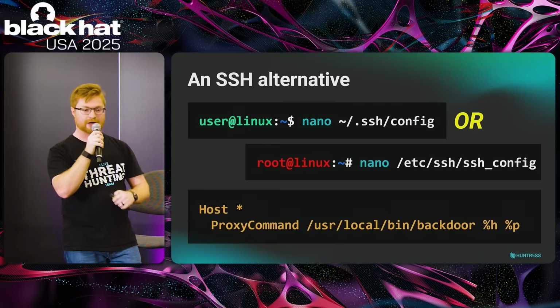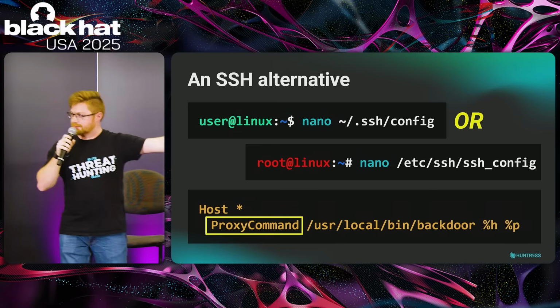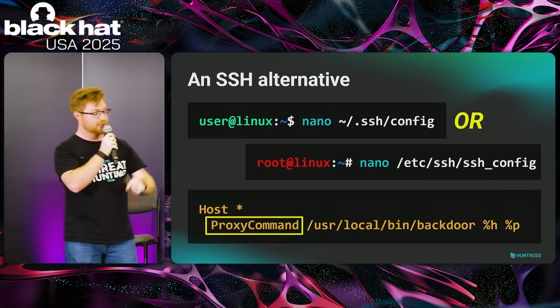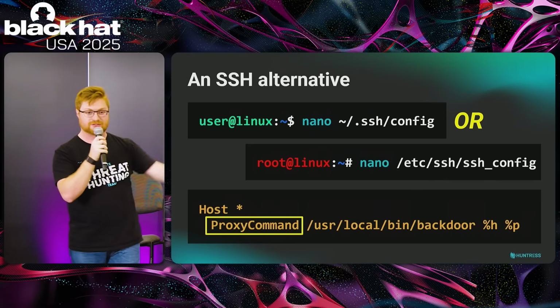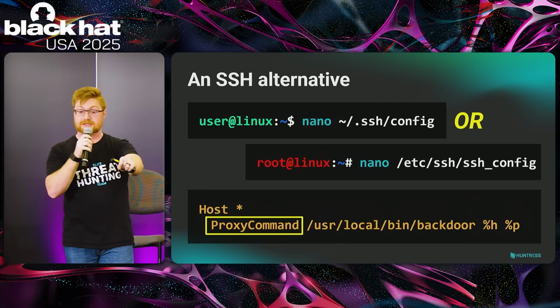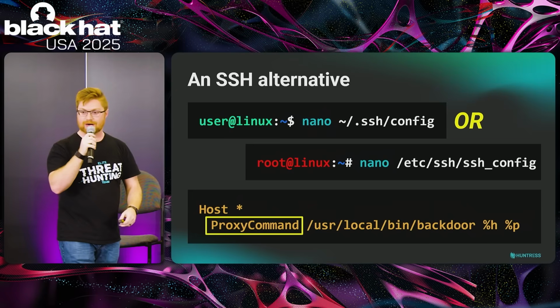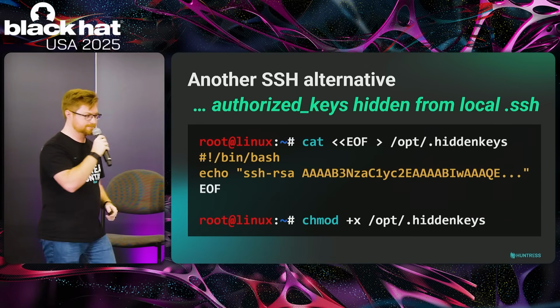You can pass -o to be able to do that. ProxyCommand is what we're zooming in on there. The Host actually lets you configure that. You'll notice I have a star or an asterisk, kind of as a wildcard. That could be any host, but you could tweak that to be any specific host name or port if you wanted to get a little shady and stealthy with that.